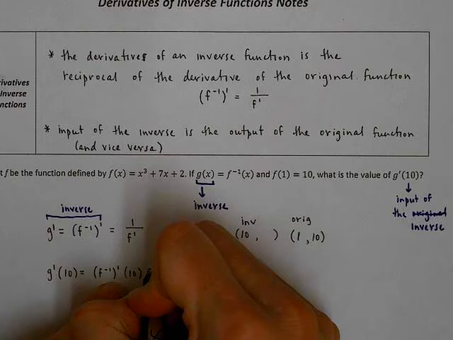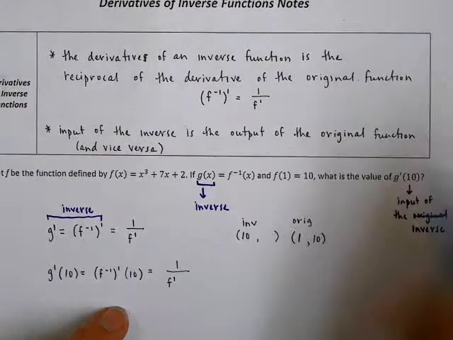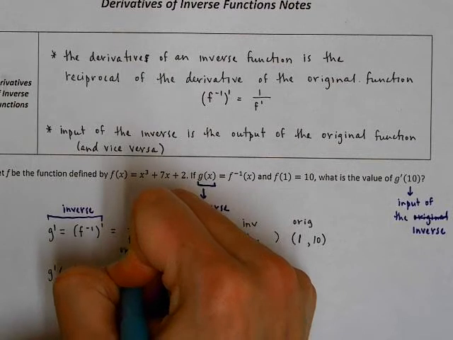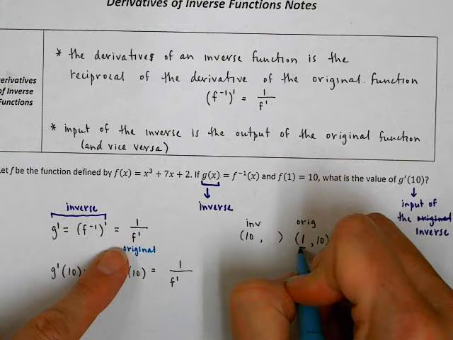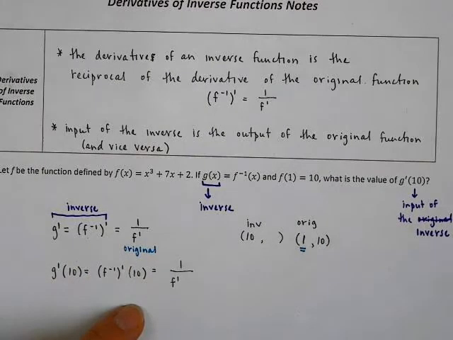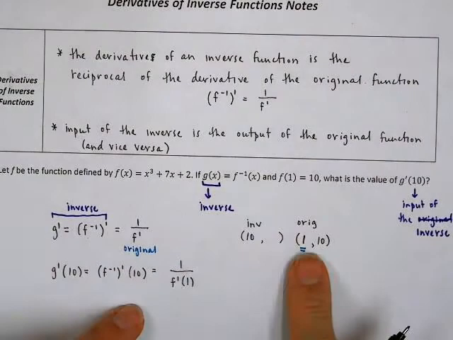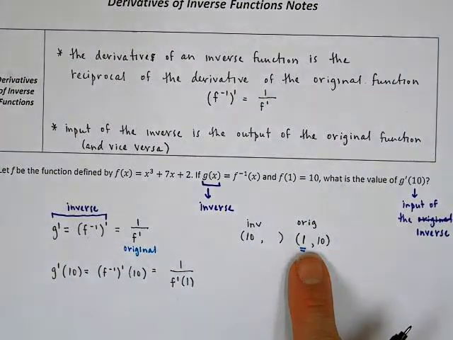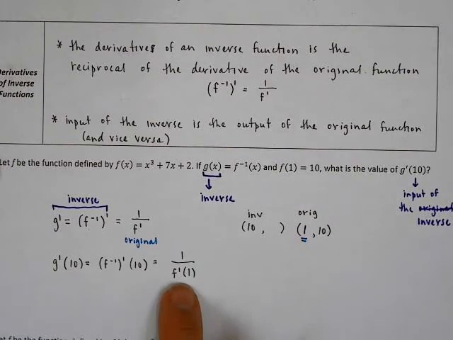Now, when I have 1 over my f prime, that is the original. So f prime uses the input from the original, so I have f prime of 1, which came from this here. So now I just have to figure out what f prime of 1 is, and I'm all set.